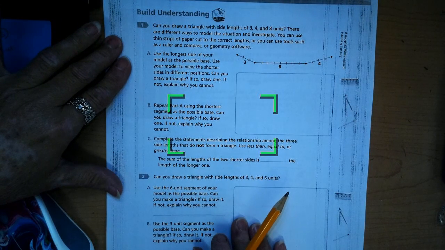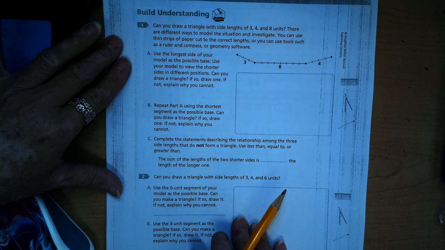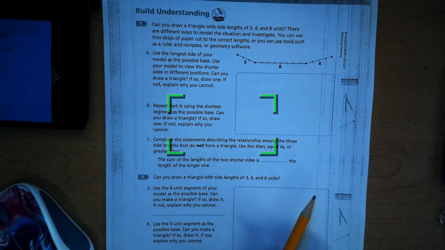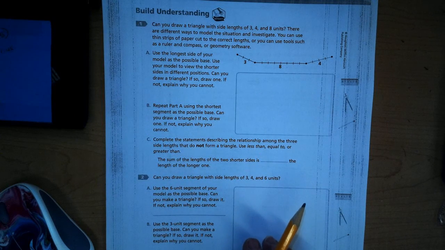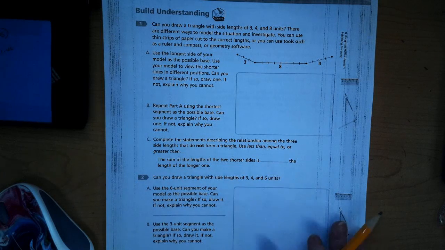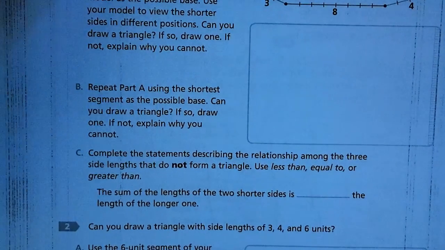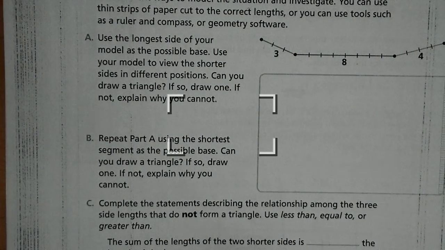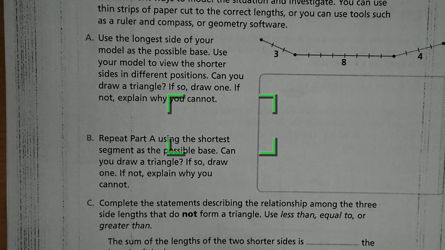So if you had some straws, Jaden, and you cut them in those lengths and put them together and moved them, you would see that when you put them together, they form a straight line. It says use the longest side of your model as the possible base. Use your model to view the shorter sides in different positions. Can you draw a triangle? If so, draw one. If not, explain why not.